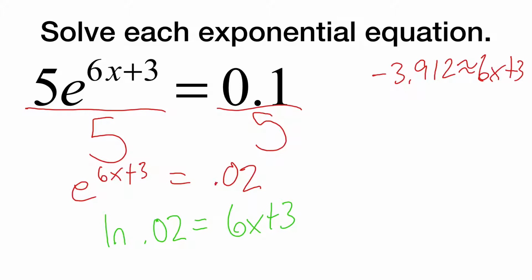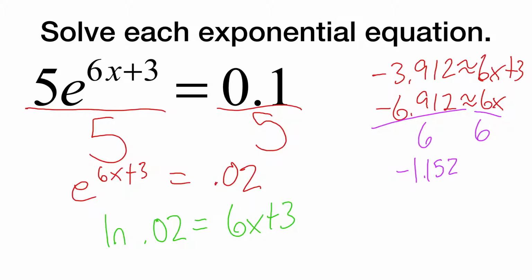My next step is to subtract 3. So that becomes negative 6.912 is approximately 6x. My final step is to divide by 6 on both sides. So when I divide by 6, what I end up getting is negative 1.152 is approximately x.